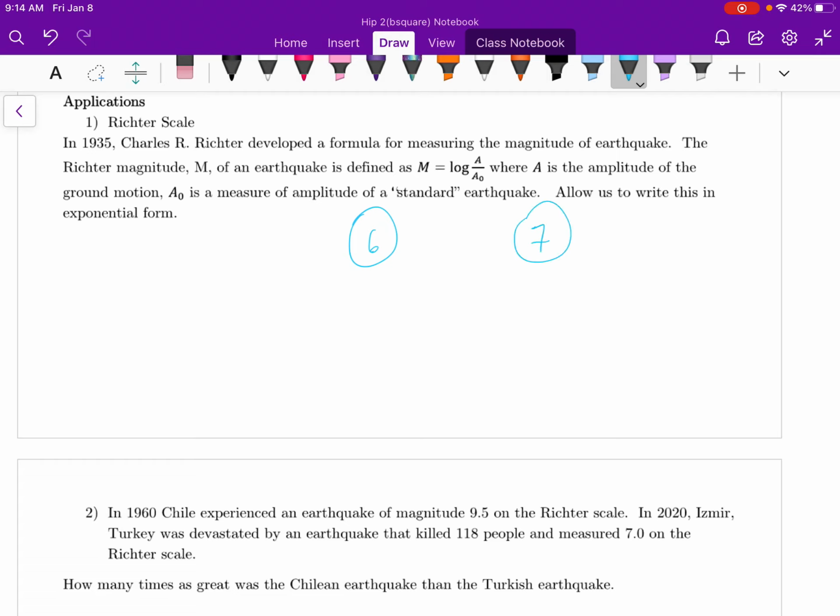Or an earthquake of 7 causes a lot of damage. An earthquake of 8 causes a lot more damage. An earthquake of 9 is absolutely devastating.